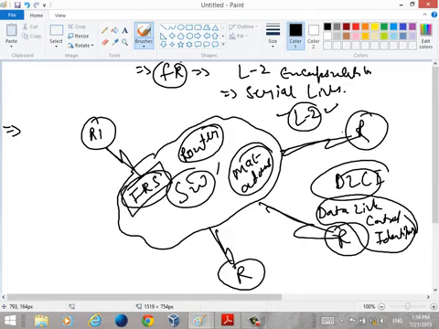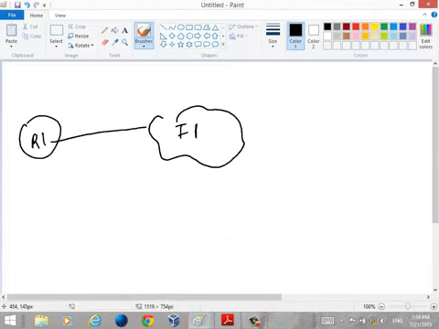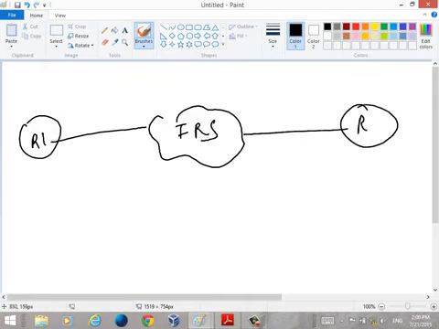What I am trying to say, let's say this is R1, this is FRS. FRS means switch or frame relay service provider. This is R2. Just think, here IP is 10.0.0.1, here IP is 10.0.0.2.